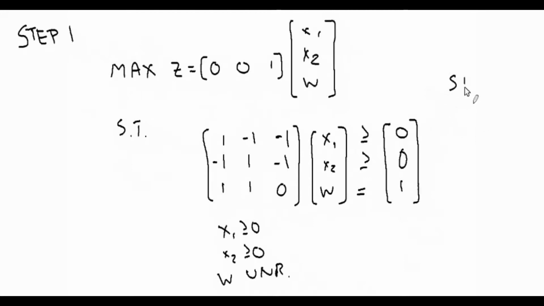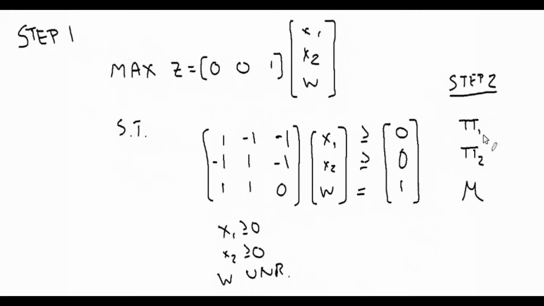Now step 2 is really simple. So you'll recall step 2 consists of making dual variables and associating them with the primal constraints. Pi 1, pi 2, and mu. Okay, and you'll notice that there's nothing that's specific to tell us how we should name our variables.